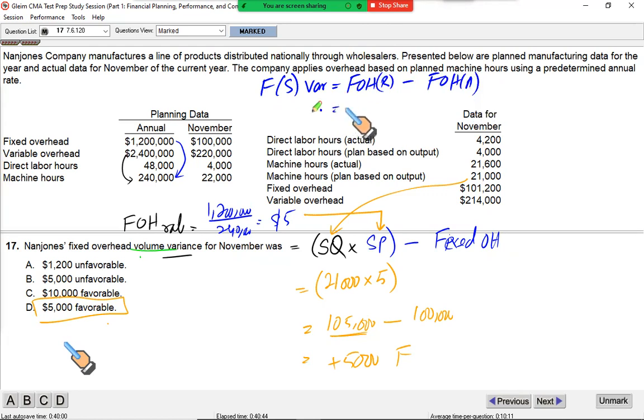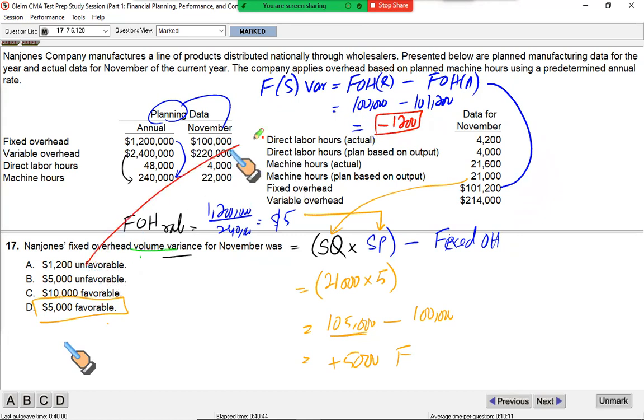Our fixed overhead budget was 100,000 for November. Remember, plan means budget. Our fixed overhead budget was 100,000, but our actual fixed cost, look at this. Our actual fixed cost is 101,200.